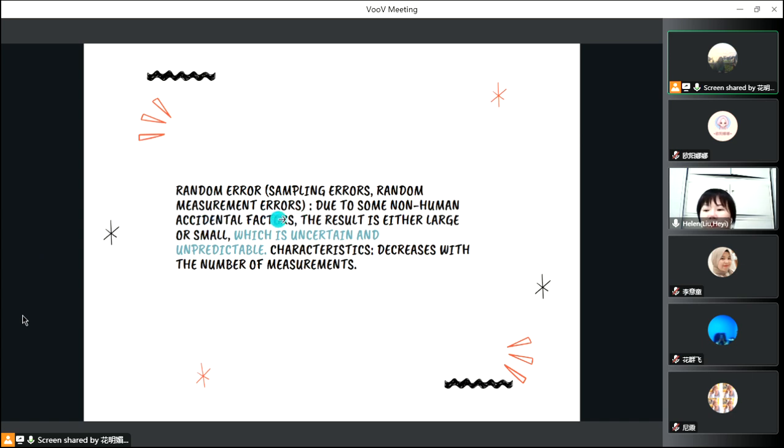Random errors are due to some non-human accidental factors. The result is either larger or smaller, which is uncertain and unpredictable. And its characteristic is that it decreases with the number of measurements.